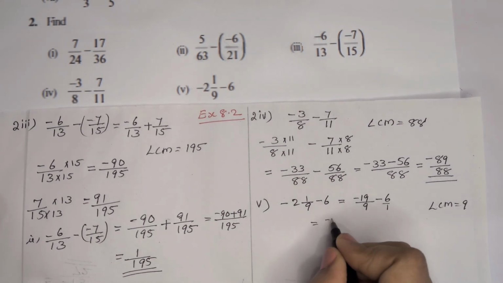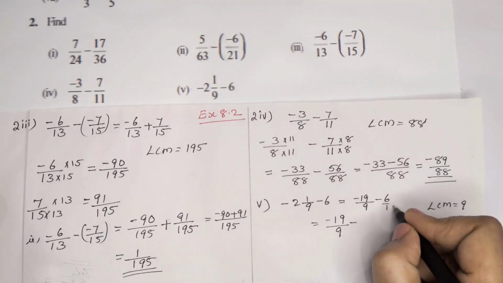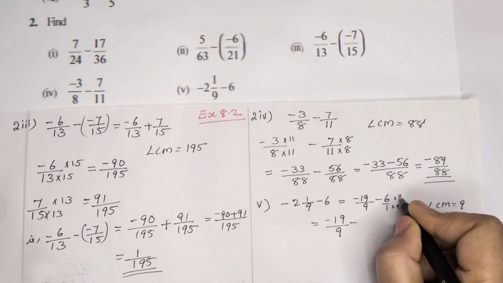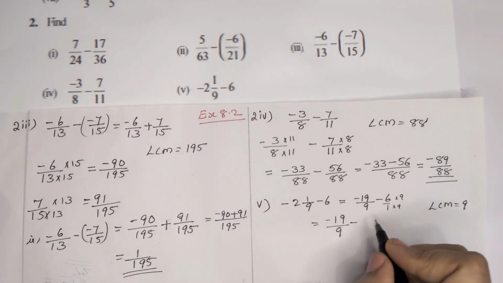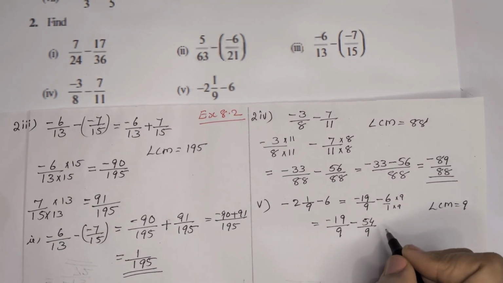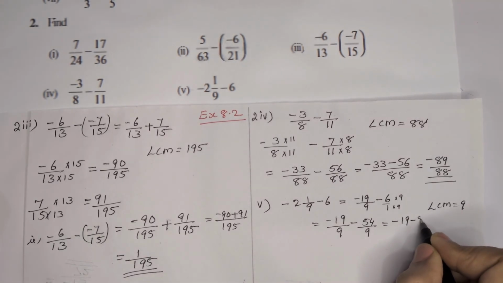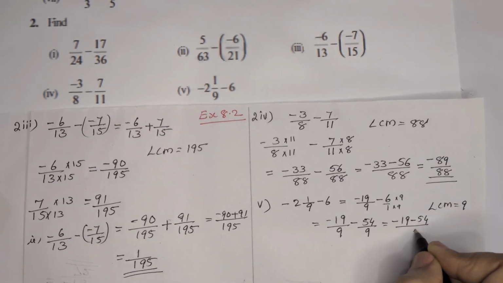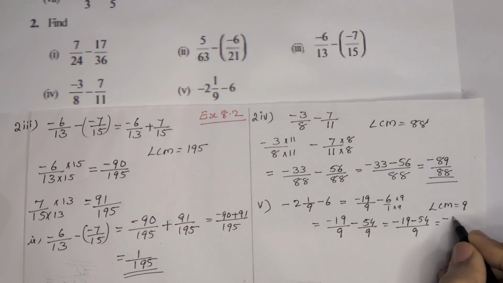So which is equal to minus 19 by 9 minus, this we have to multiply with 9 up and down. So we will get that as minus 54 by 9, which is equal to minus 19 minus 54 by 9, and that is equal to minus 73 by 9.